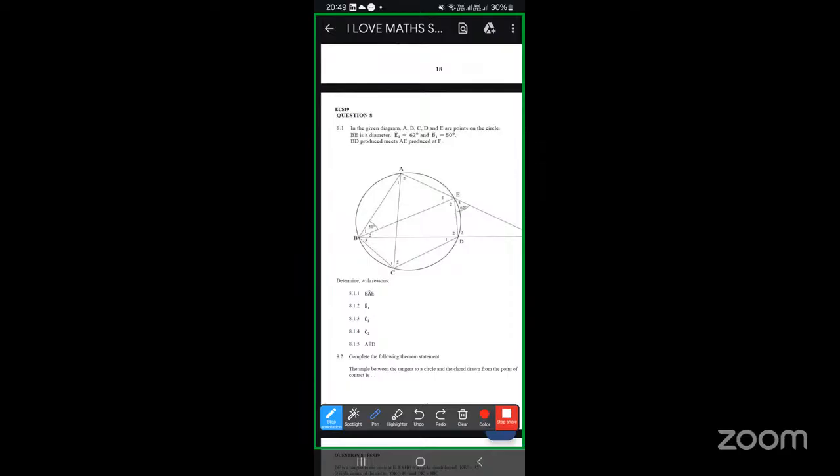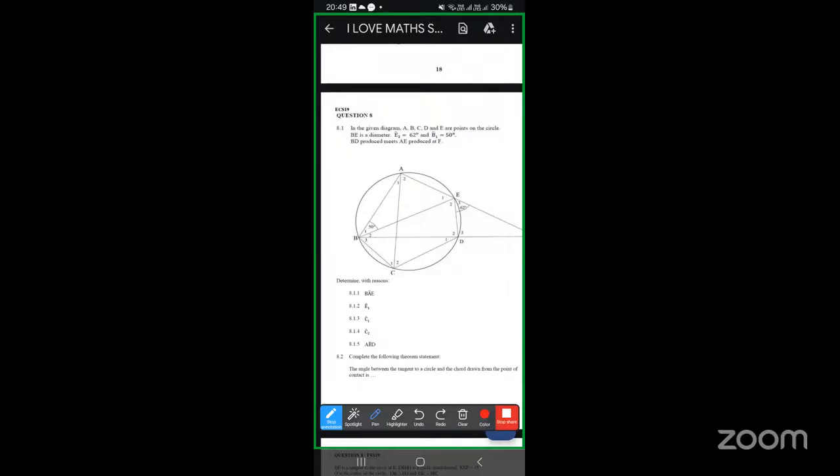We can use the sum of angles in a triangle. Okay, which triangle? ABE, right? Yes, sir. So 180 minus 90 minus 50, we get 40. Okay, and then you left your reason? Yes, sir. Yeah, and then you're going to say sum of interior angles of a triangle are supplementary.